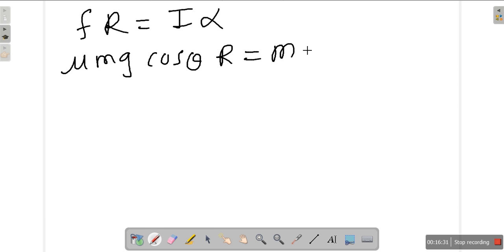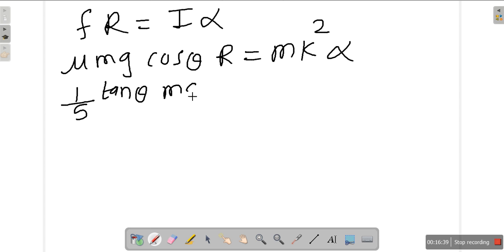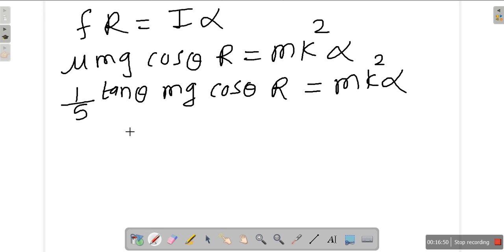I will take I as mk square. Mu is 1 by 5 tan theta into mg into cos theta is equal to mk square into alpha.